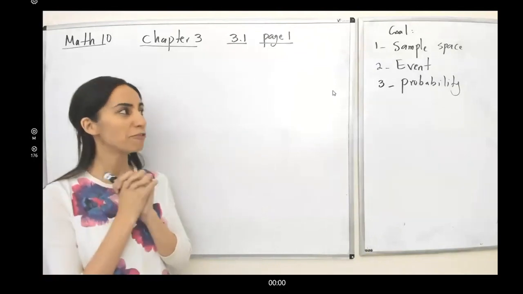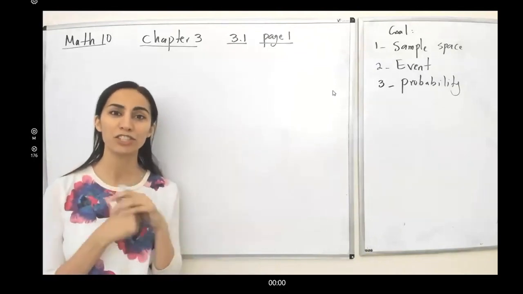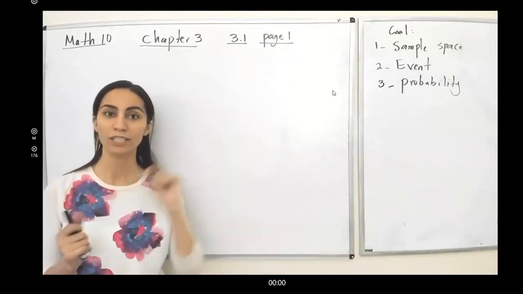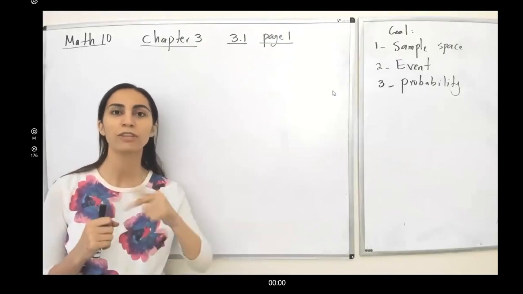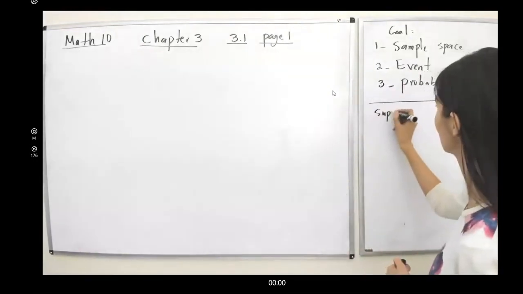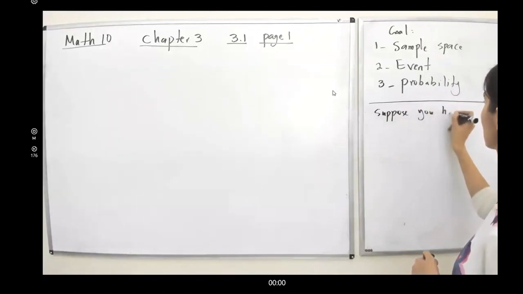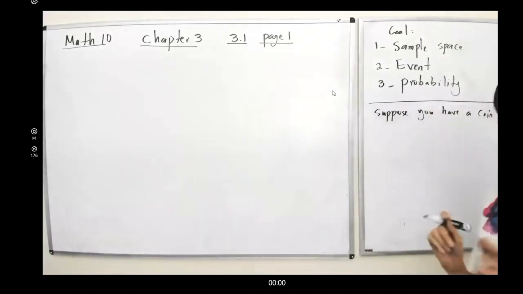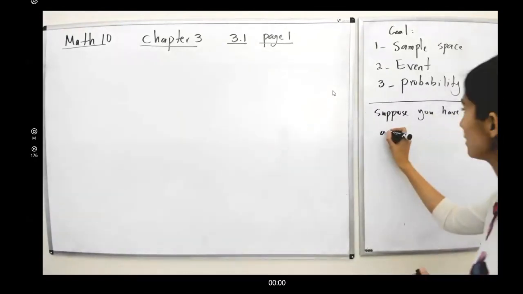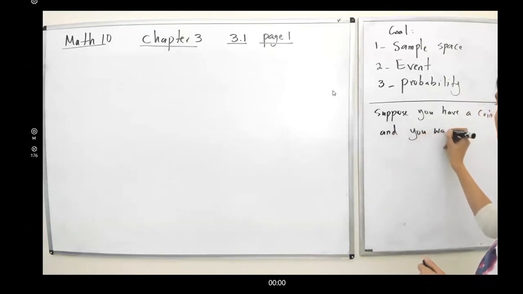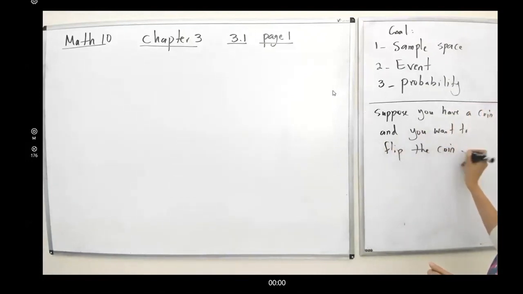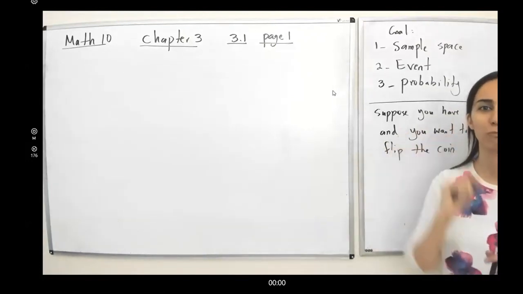Very well. Before going over the official definitions, think about this example. Suppose you have a coin, a fair coin, it's not tilted, it's just a nice coin, and you want to flip the coin once, just one time flipping.